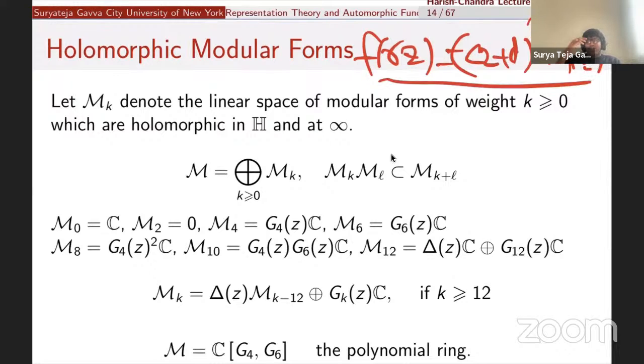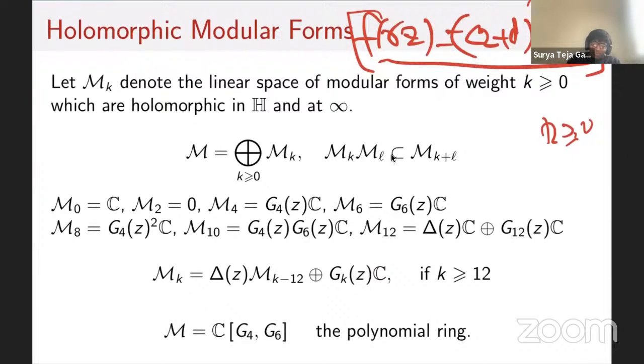We want to understand all the functions which satisfy this equation, for any k greater than or equal to 0. How do they look? In fact, you can check that the functions we saw before in some sense generate all these functions.